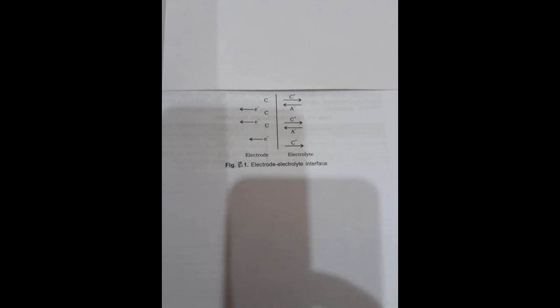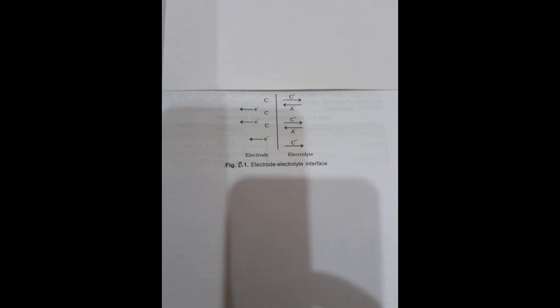An anion coming to the electrode-electrolyte interface can be oxidized to a neutral atom after giving one or more free electrons to the electrode. Both reactions are reversible, and these reactions occur even when no current is crossing the electrode-electrolyte interface.